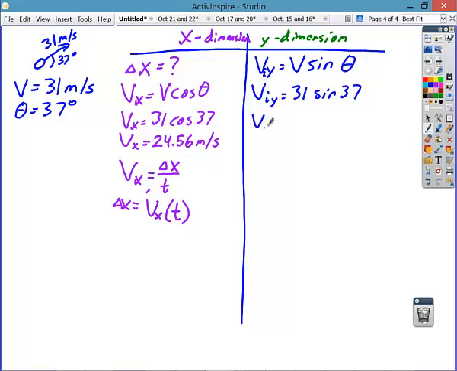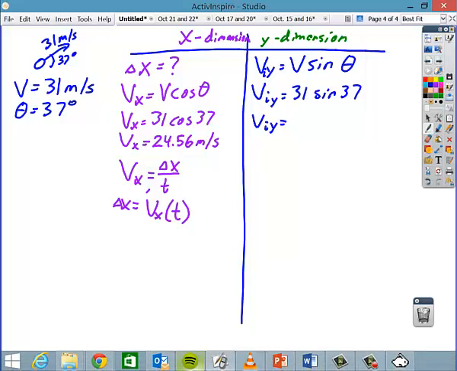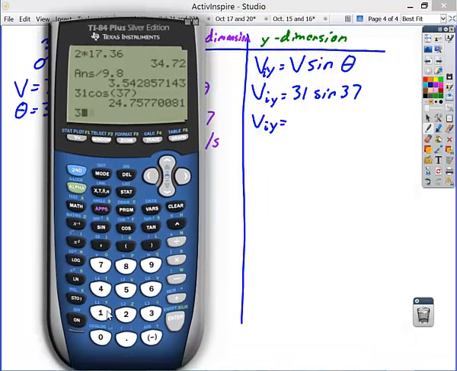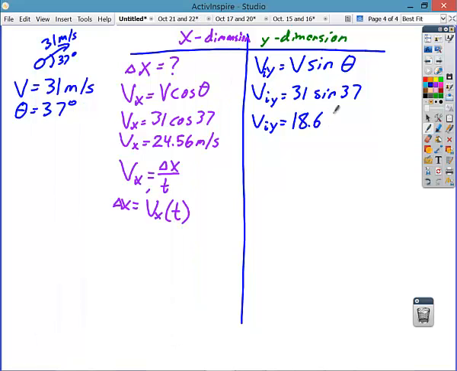Therefore, the initial velocity in the y dimension is, and I get 18.66 meters per second.